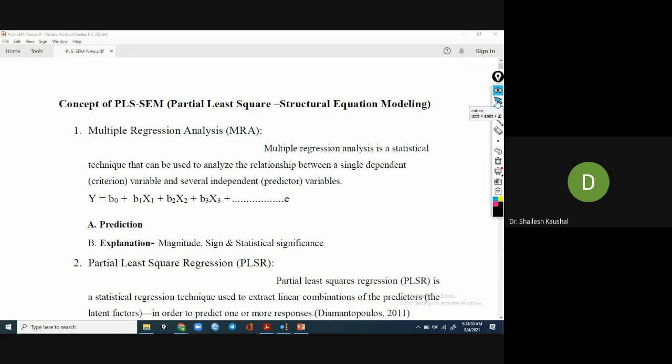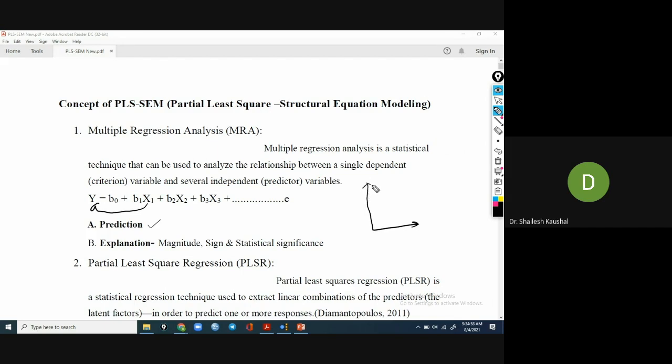In multiple regression analysis, there are two purposes. Basically, it is a dependence technique. Dependence technique means we want to find out the relationship between x1 and y, meaning independent variable and dependent variable. There may be two types of relationship.